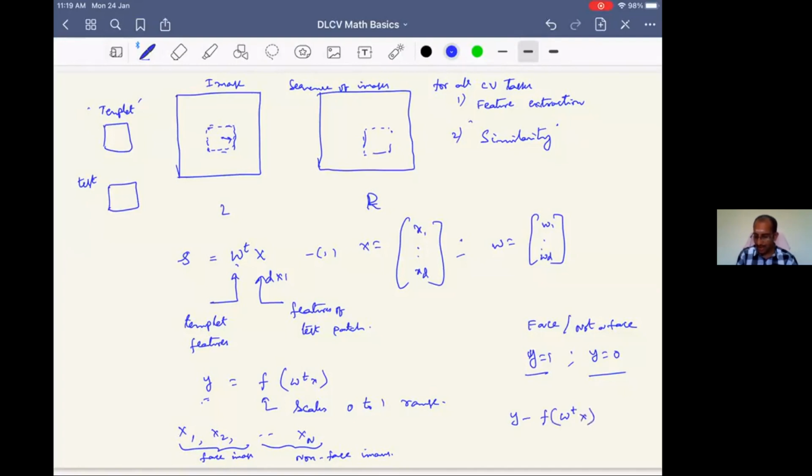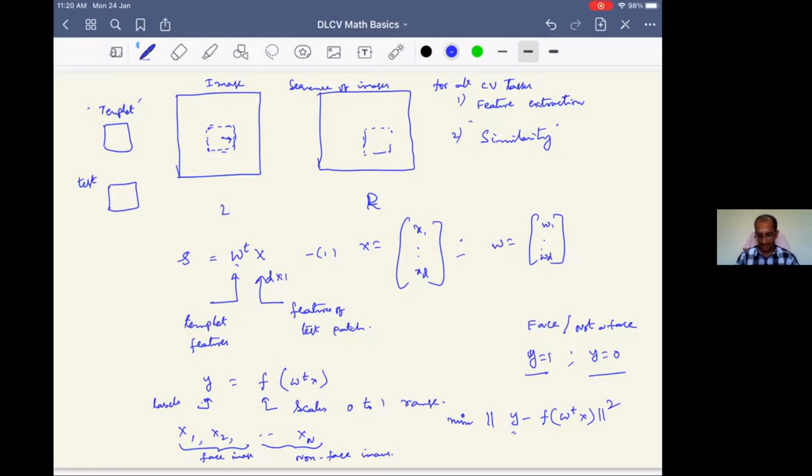Y minus W transpose X has to be minimum, right? Because Y, essentially what we said, Y gives the labels. Labels means for all the samples belonging to the face class, it is 1. For all the samples belonging to the non-face class, it is 0. That's how this Y is.